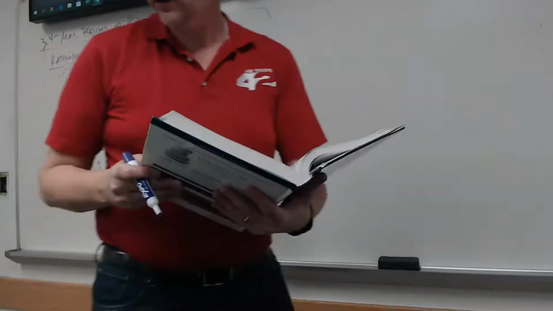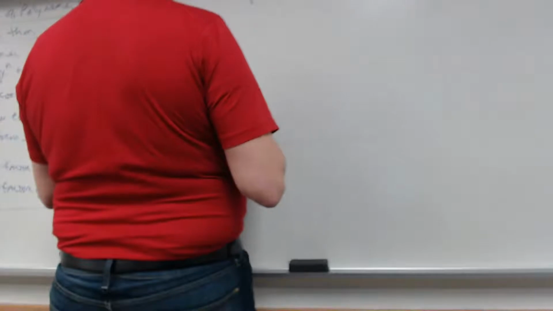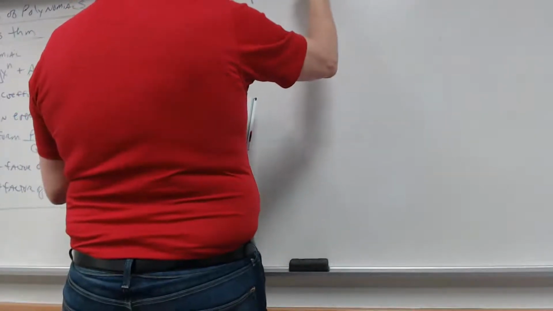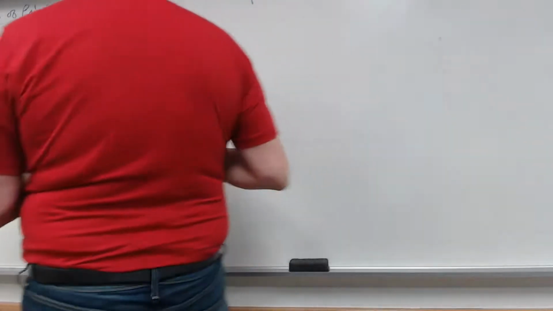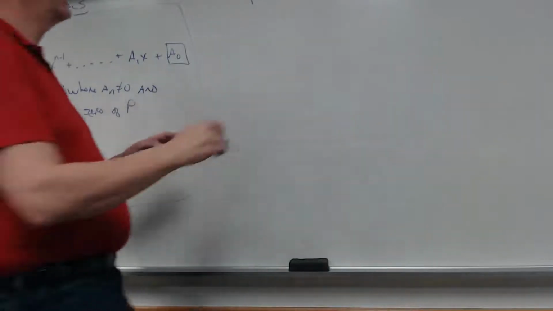Let's say that I've got some function p of x equals x cubed minus 3x plus 2. And I tell you I want you to factor that. Now, you probably don't really have any good techniques, and so we're going to come up with some techniques. Basically what this says is I need to find my p's and my q's.